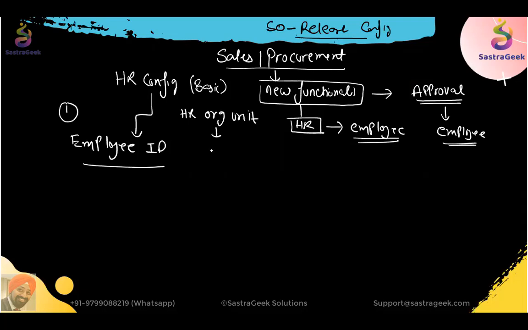And then you need to create a position, and you need to assign a position to your employee ID. Now, as soon as you have created this employee ID, you need to link it with your SAP user ID.